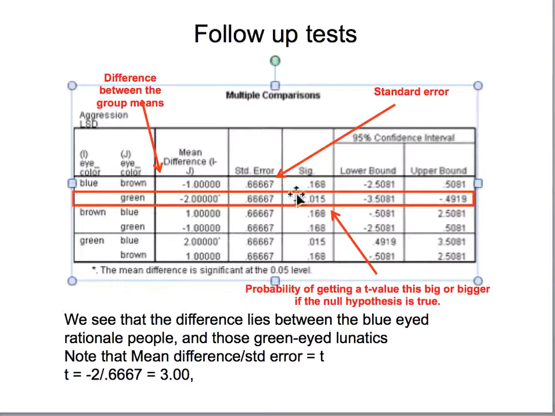If I look at the green versus the blue group, there is my statistically significant difference. And what this says is that the aggression of the green-eyed people is different from the blue. However, blue is not different from brown, and brown is not different from green. Okay? Based on this 1.68 and this 1.68.